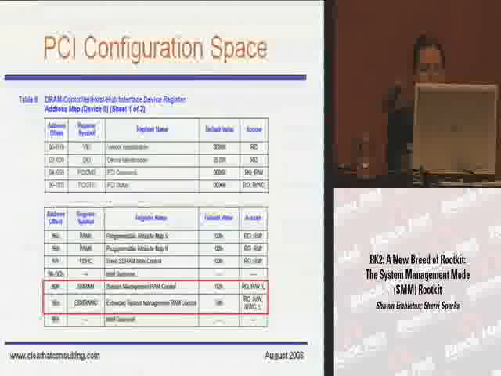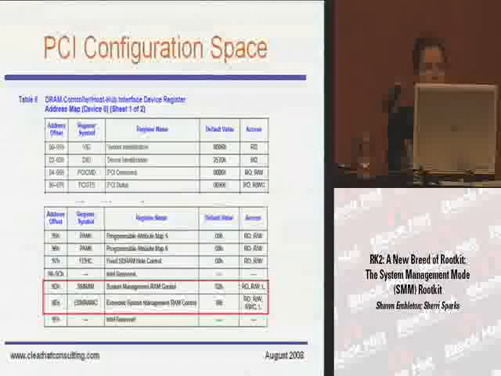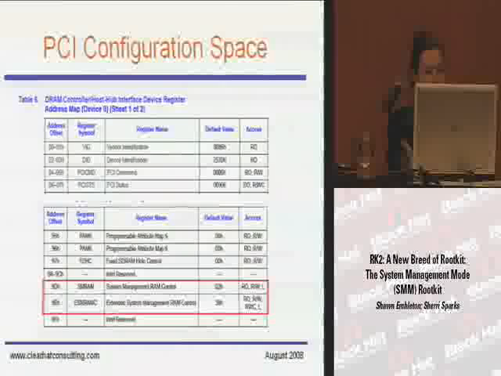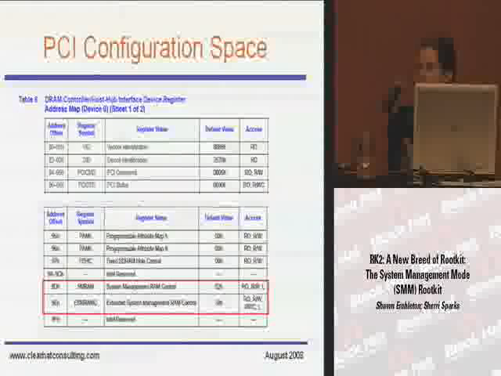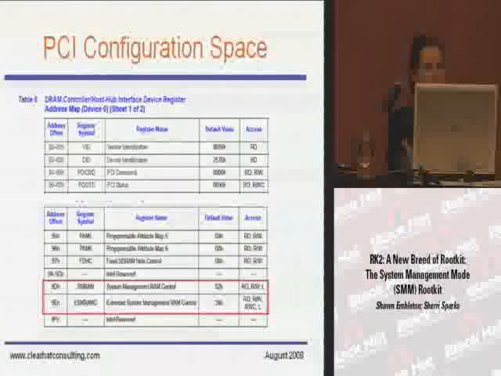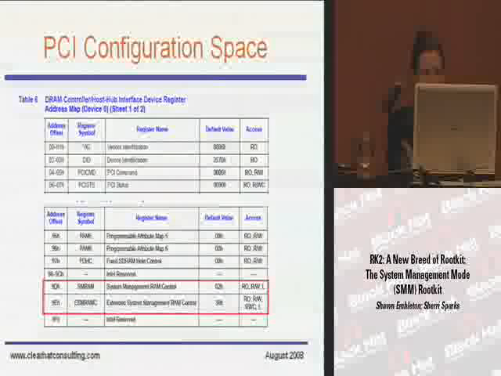So the actual device that we're interested in is not a typical device like you would think of, like a network card or an external card. The device that we're interested in is actually the DRAM controller. So right here is an image of the configuration space for the DRAM controller as it's defined in the chipset documentation.